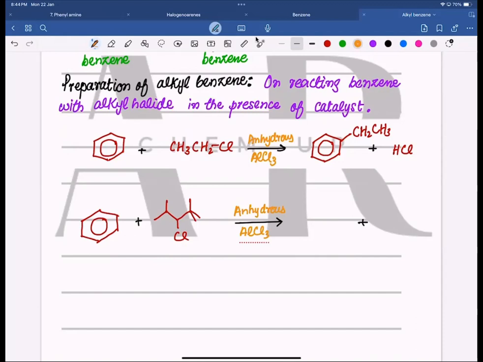Yes, this is correct. From here the chlorine is the bond and the benzene. Yes, are you guys done? Yes, sir. 1 minute. Yes, please send me.